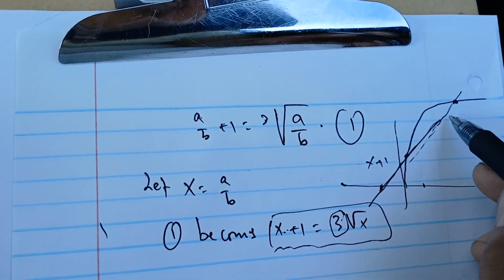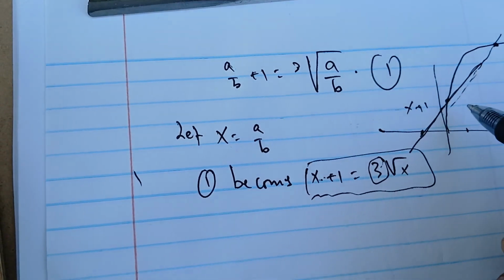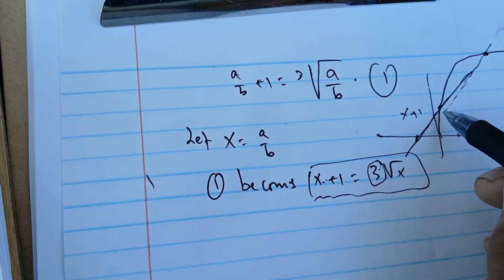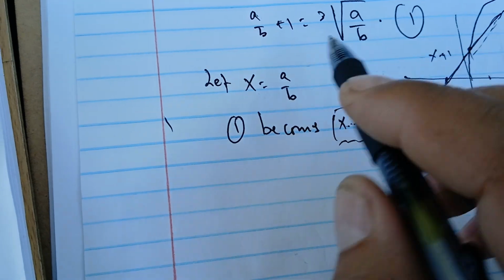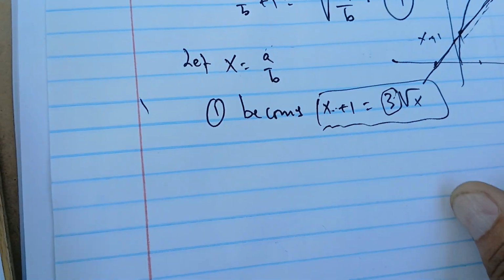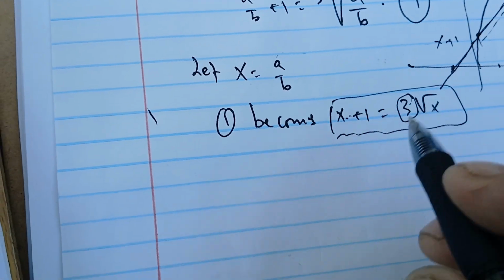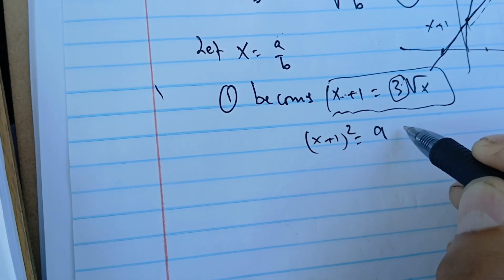If we just graph this one by hand, it's not nicely done, but you get the idea. So we see that we have two values for x, and x in our case is a over b. So let's see what we can do here. We can square both sides to get rid of the square root. So we have (x plus 1) squared equals 9x.